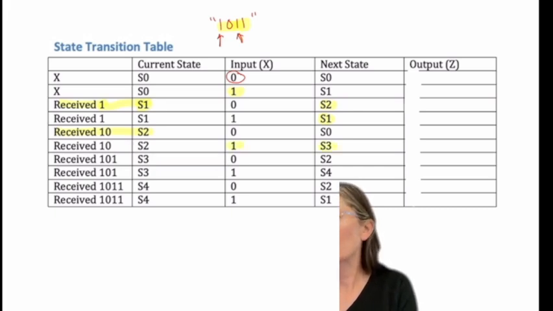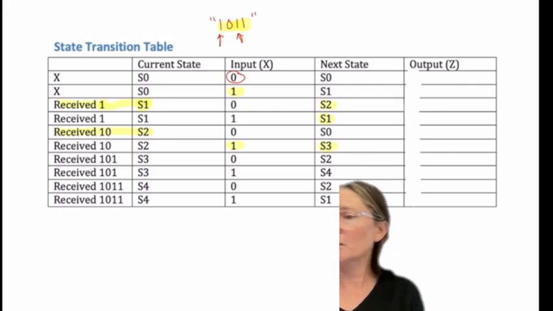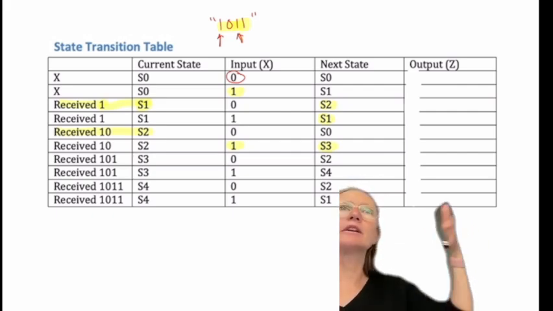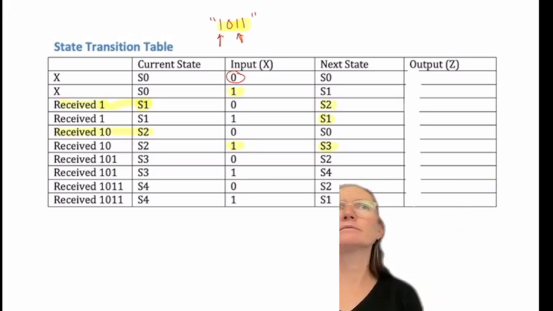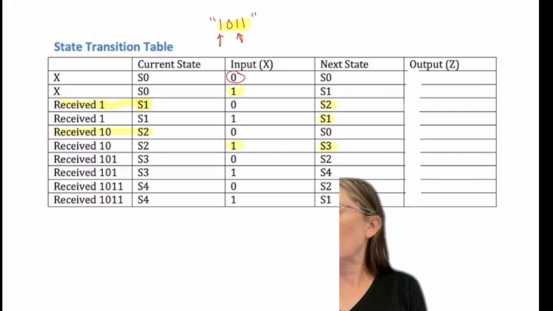I got a 1, so I go to S3, or state 3. But if I get another 0 there, then I have to start all the way over, because that's not any combination of 1, 0, 1, 1. So I go back to state 0.